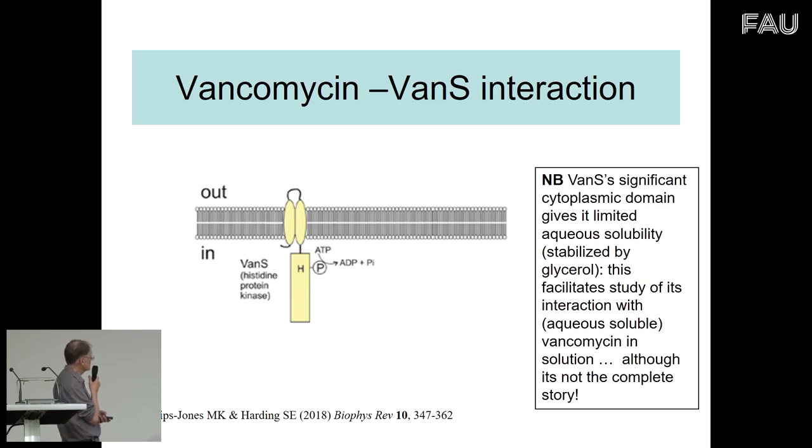These plots here. Right, so this is a dimerizing system, and then we looked at the interactions with the Van S, which is involved with the resistance mechanism of the bugs. And okay, it's a membrane protein, but fortunately the membrane domain is quite small.